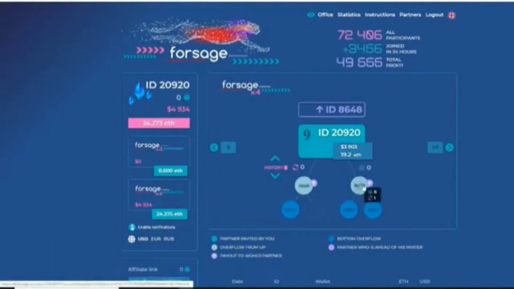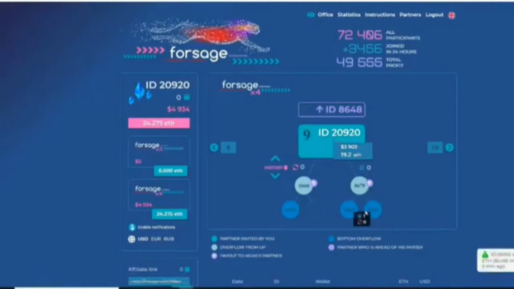Now when 8679 brought in people 36053 and 36412, this already appeared as a third level on 8648, so it's not in his matrix, it's outside of the matrix. But 20,920 didn't refer these people. It's 8679 who referred this guy and this guy, right?